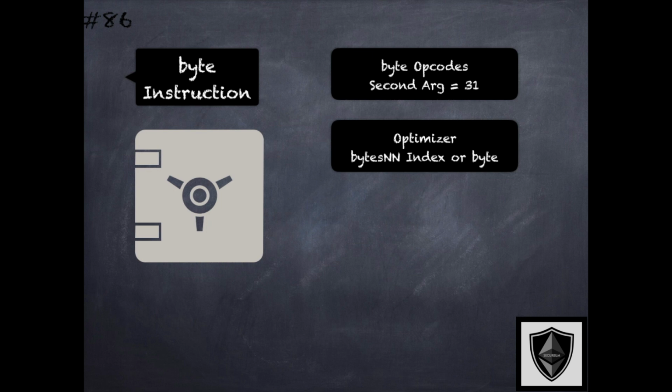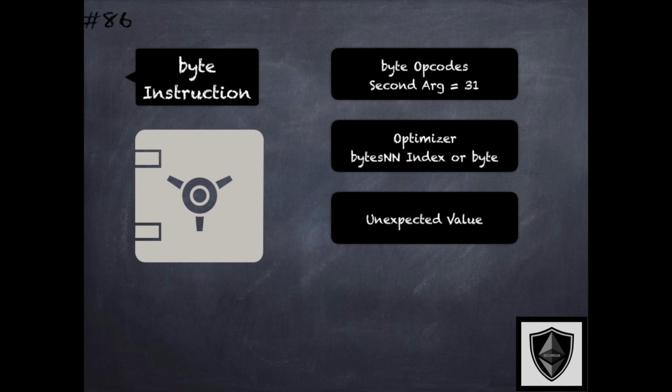This was possible when doing an index access on the bytesNN types, so all the types like bytes1, bytes2 to bytes32, or when using the byte opcode in assembly. Unexpected values were produced when these conditions were met.